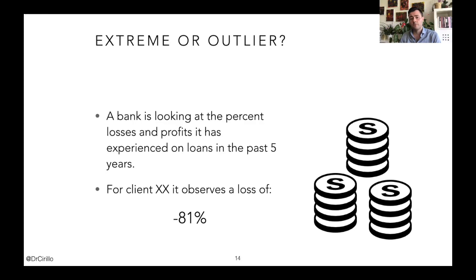So a profit of 81% on a loan could be usury, and depending on the legal framework of your country, it is very likely that this is actually an outlier. So maybe the real value was 8.1 and it was mistyped, and so it was registered as 81, okay?